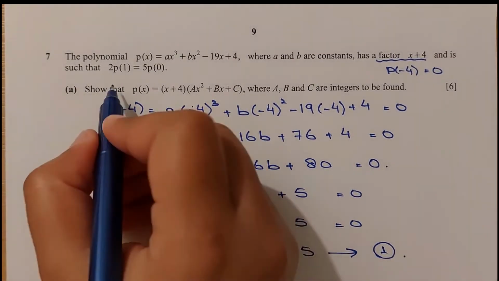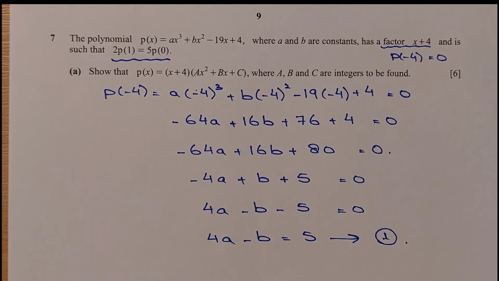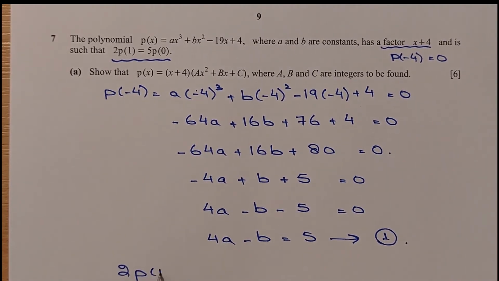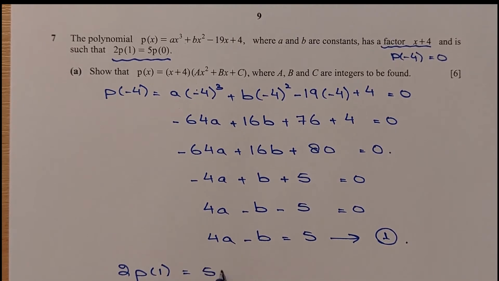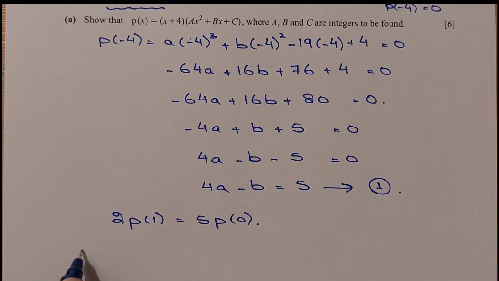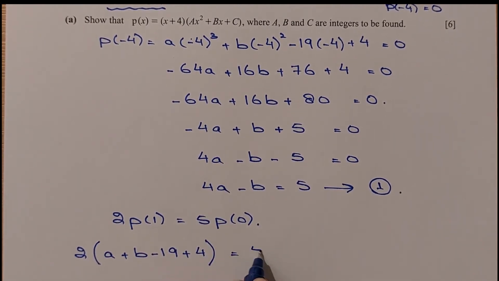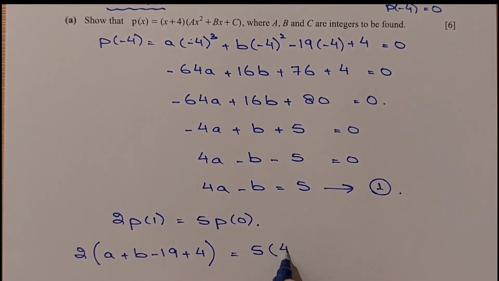Now using the other condition we will get a second equation. So we have 2 times p of 1 equals 5 times p of 0. 2 times p of 1 is a plus b minus 19 plus 4 equals 5 times p of 0, which is just 4.